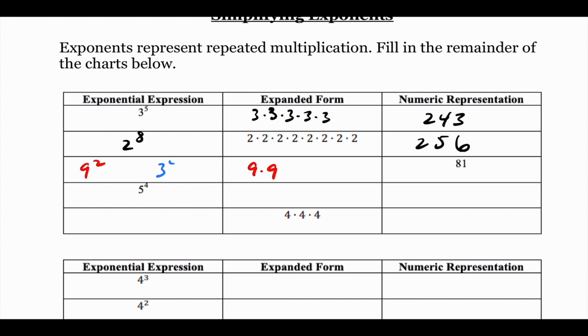Or you can say 3 to the 4th power. Each one of those will make 81 using exponents. 5 to the 4th power means 5 times 5 times 5 times 5, which when you multiply it makes 625.